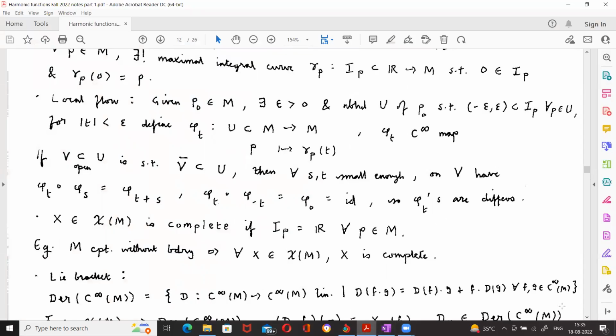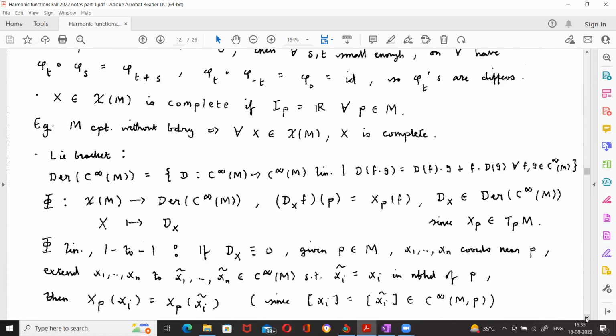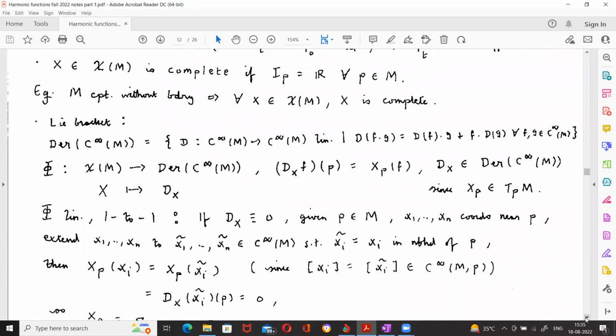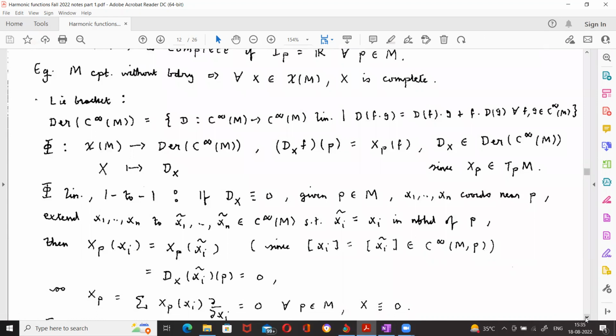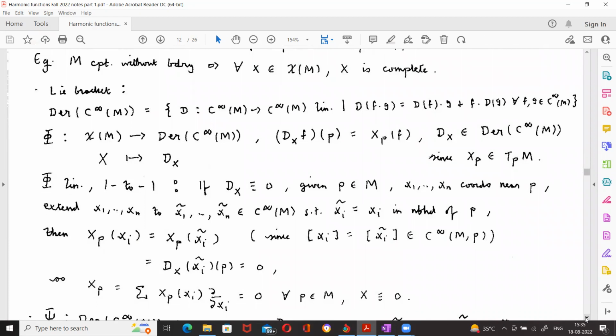Now I need something important for us, which is to define the Lie bracket of vector fields. Again, there are broadly two ways to do this. There's a geometric way and there's an algebraic way. Let me first do the algebraic way, then we'll come to the geometric way. The algebraic way is very algebraic.